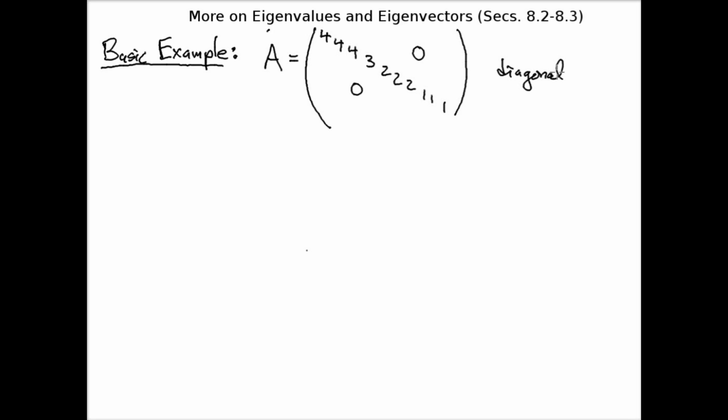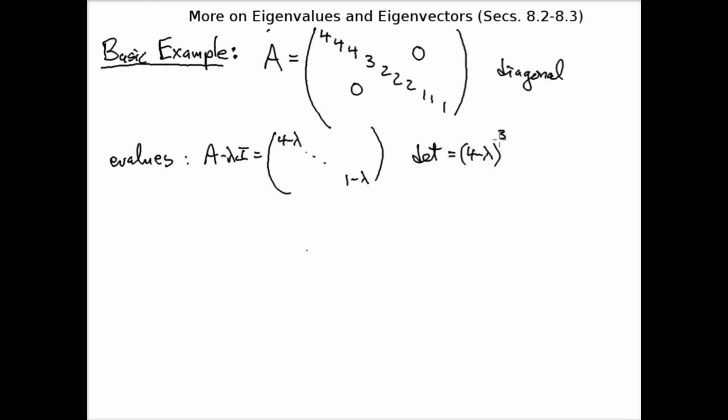So what are the eigenvalues? Well, if you apply our test, A minus lambda I is 4 minus lambda down to 1 minus lambda, and the determinant of it is 4 minus lambda cubed times 3 minus lambda times 2 minus lambda cubed times 1 minus lambda.